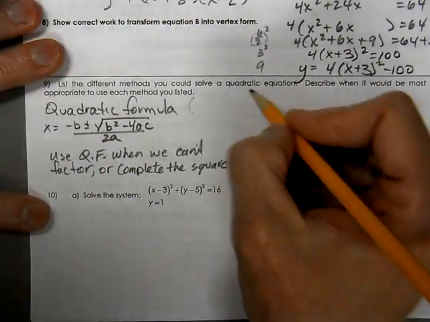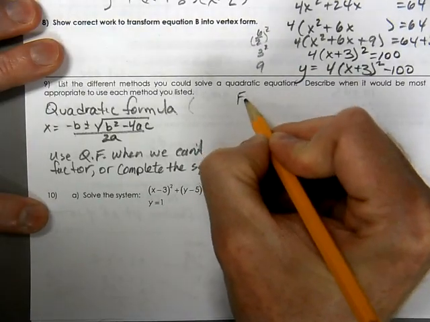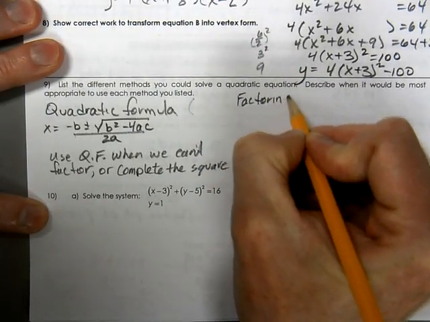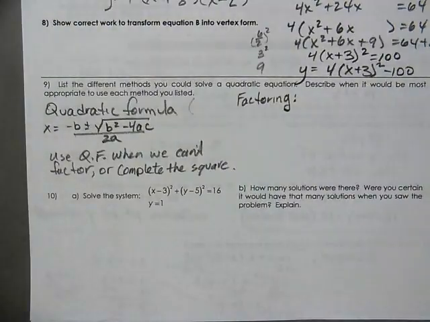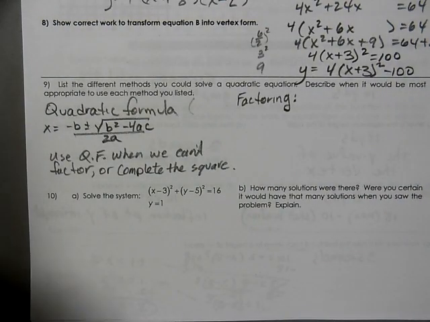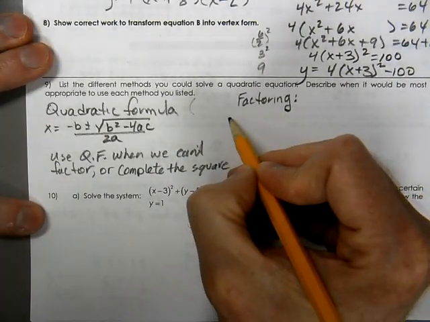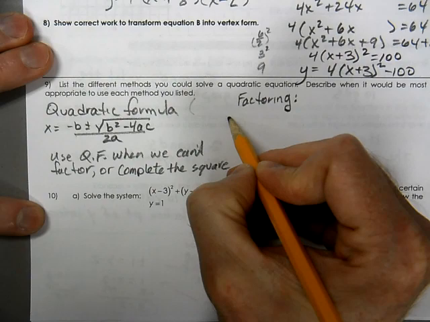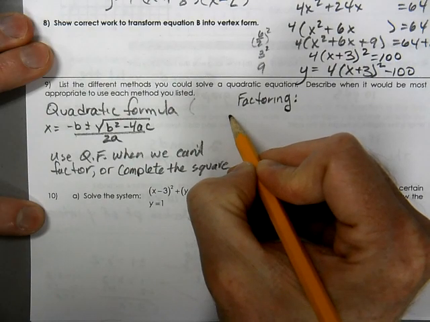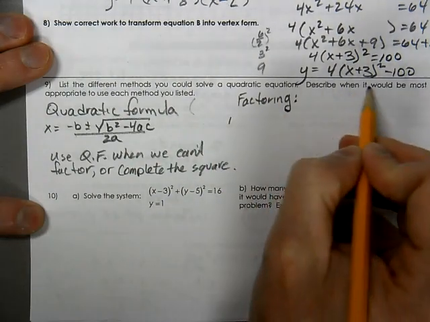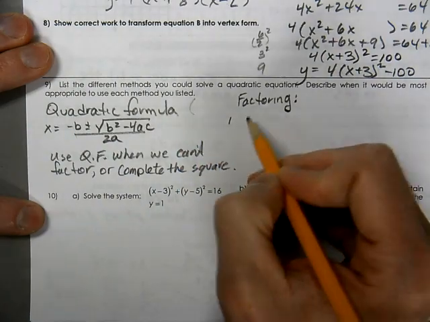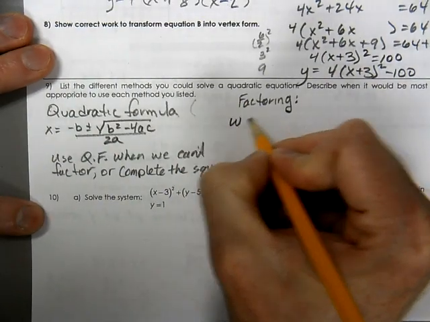Another way is factoring. Factoring is a great way if we can break it into two binomials. When is the most appropriate time to use factoring?